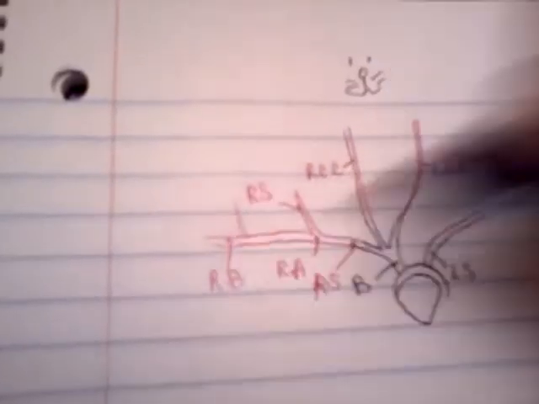The right subscapular artery, if this were 3D, goes into the page towards the scapula. And as it moves further laterally, there will be additional branching that occurs, and this leads to the arm region. So you have the armpit and leads to the arm region. And when that happens, this then becomes the right brachial artery.